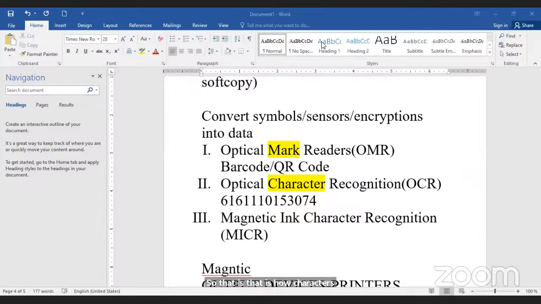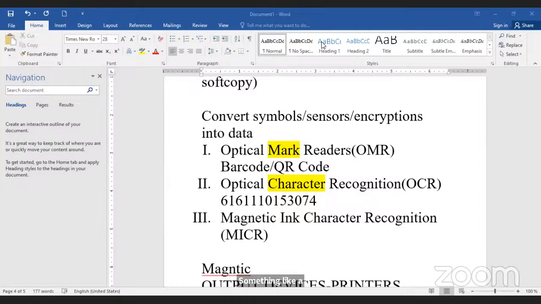Apart from the characters, we have what's called marks. You can use some specific marks, something like a drawing. For some of you who have purchased some items, it has something like a punched card.